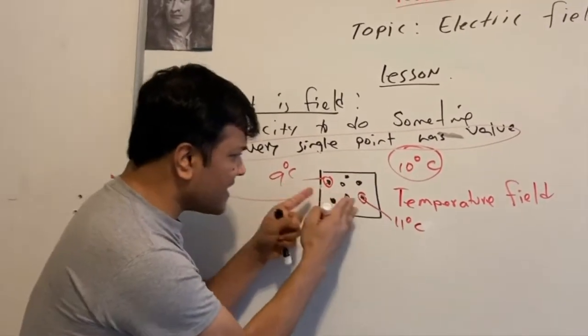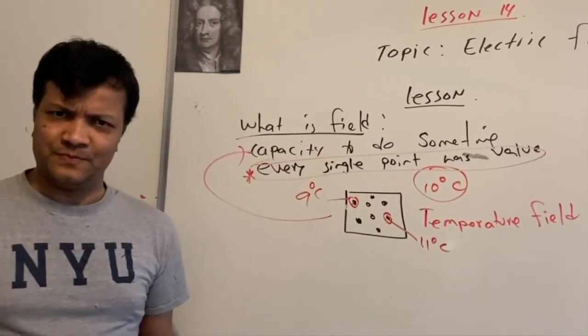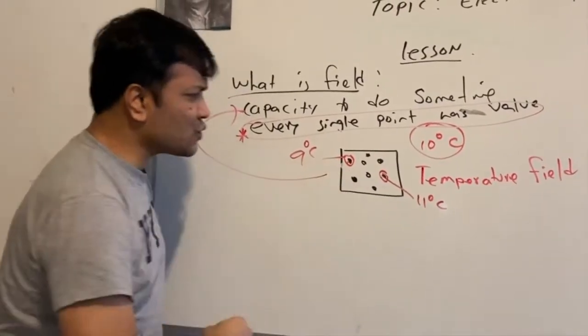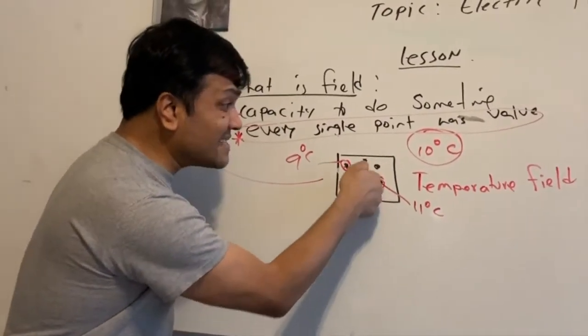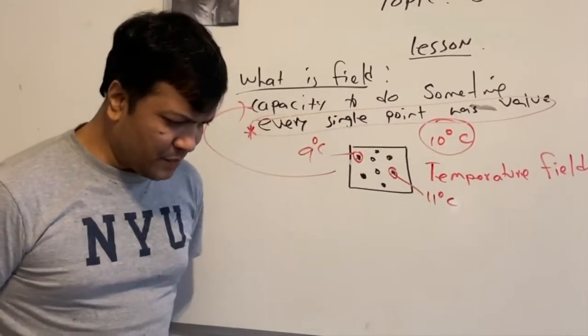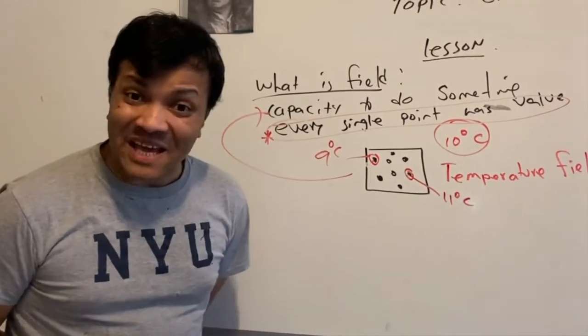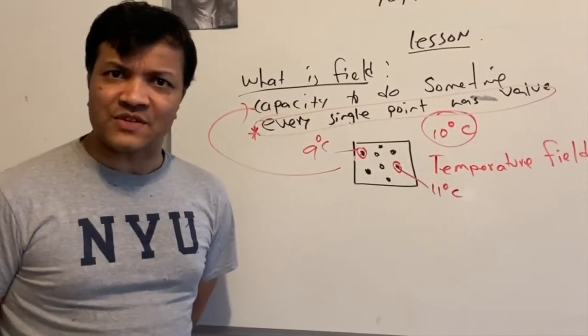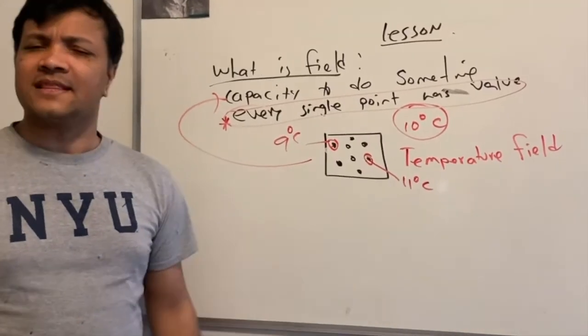This temperature field can do something. What can it do? If you bring a hammer and put it inside your temperature field, and observe the reaction of the hammer, you probably observe nothing.